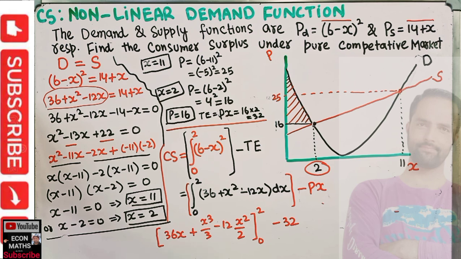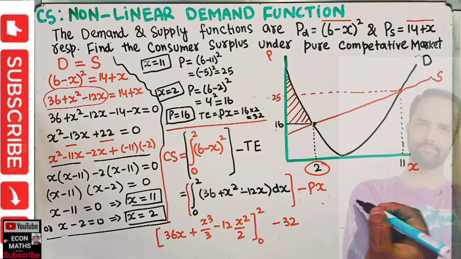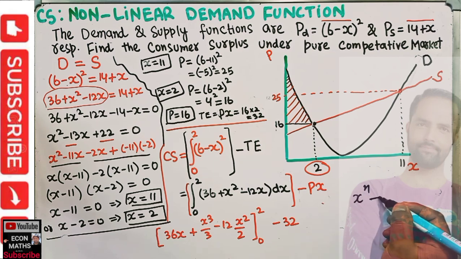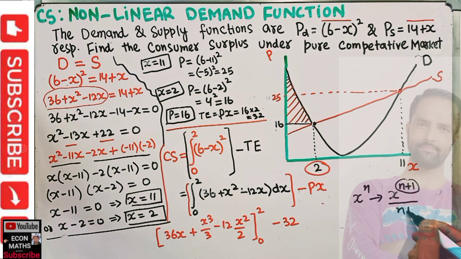So how did I get 36x here? We simply use the power function rule of integration. If we have x to the power n, its integral is x to the power n plus 1, divided by the resulting exponent, n plus 1. Let us say we have x to the power 6.